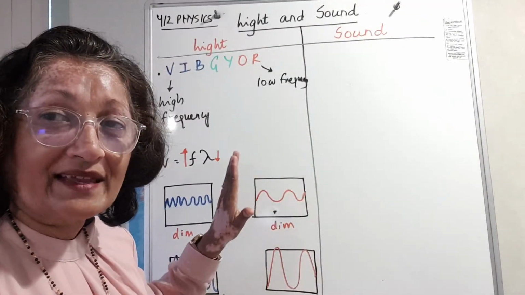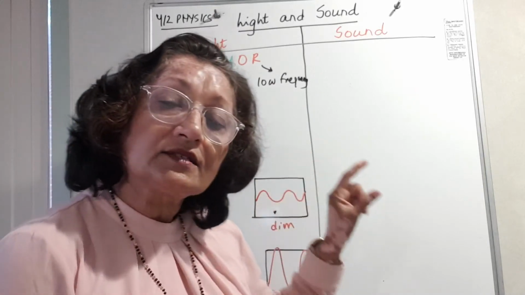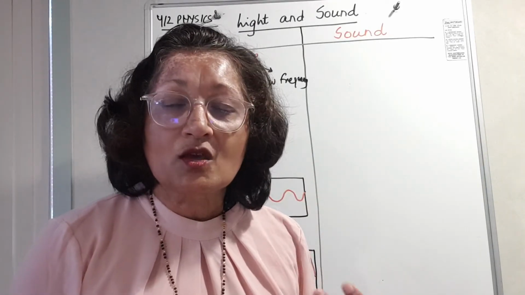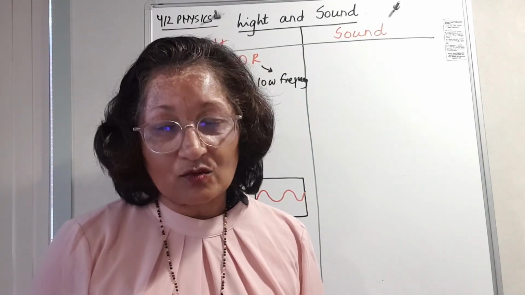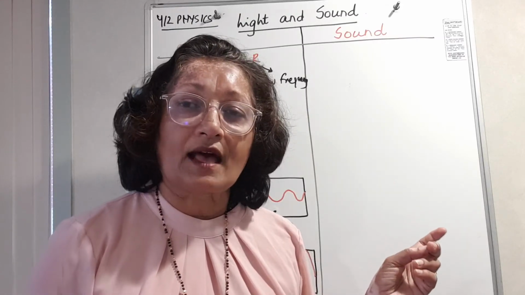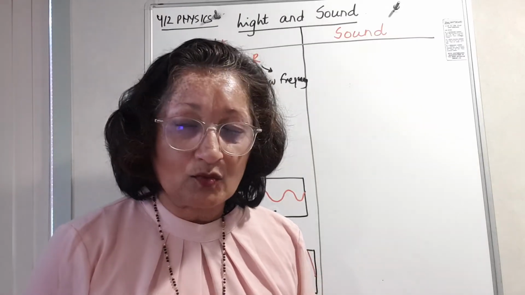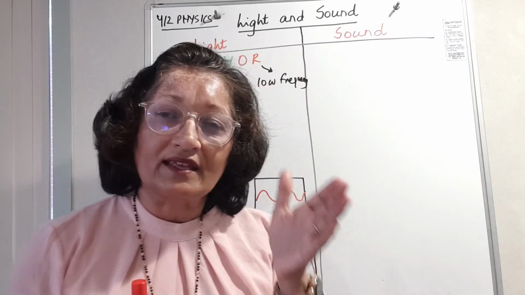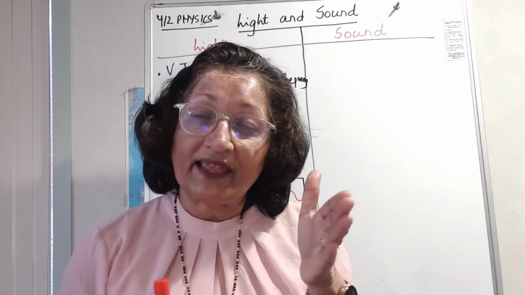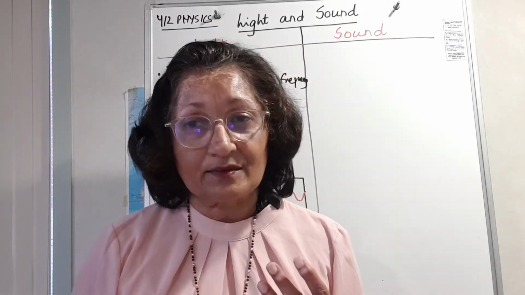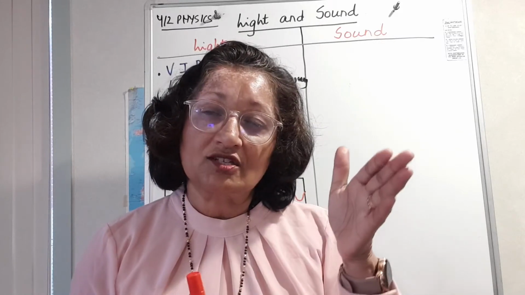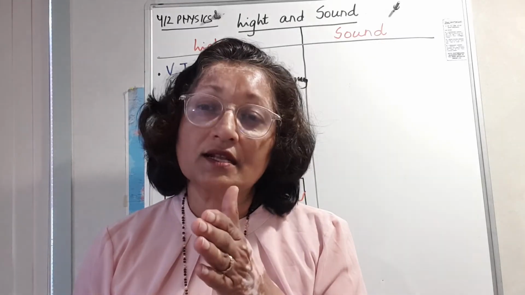Those are electromagnetic waves. As opposed to electromagnetic waves, we also have mechanical waves, and sound is an example. Mechanical waves actually need a medium to travel through, and energy is transferred from particle to particle.